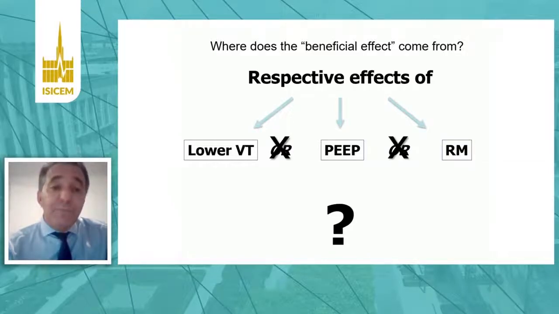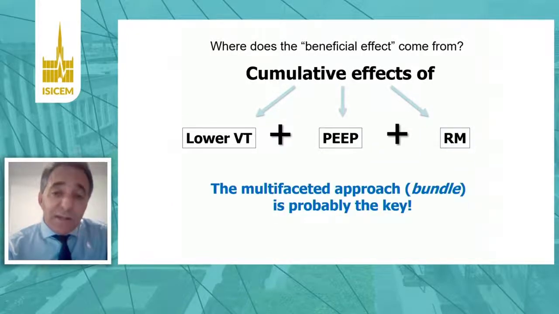My answer is probably all together, not one. You cannot observe any effect if you just apply one component of this bundle. The multifaceted approach of the bundle is probably the key, and we could discuss what should be today the standard group of comparison.